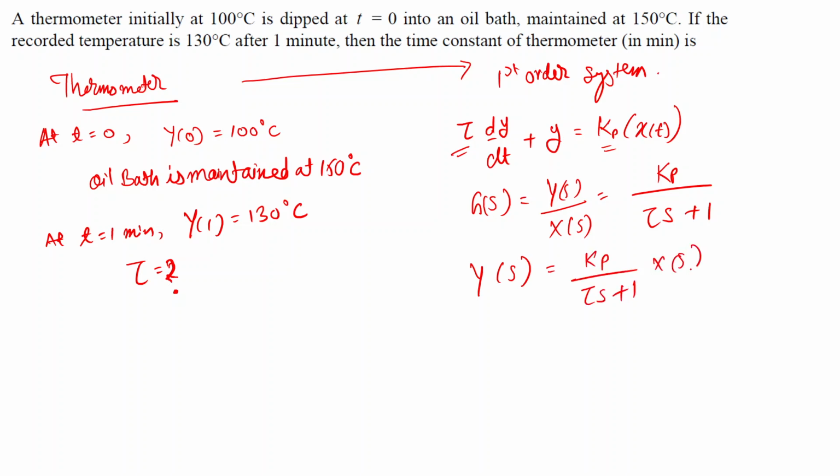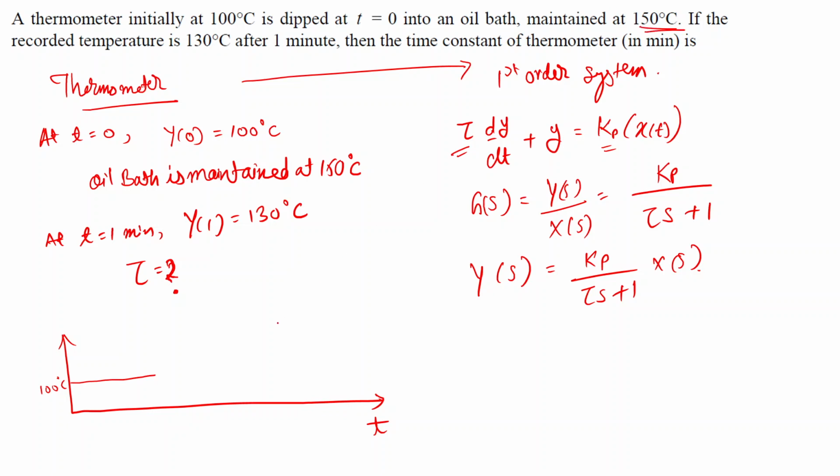And that is, we can write it as Y of s is equal to Kp upon tau s plus 1 into X of s. Now here we can see that initially the temperature was maintained at 100 degrees Celsius, and later on, if we draw a diagram with time, initially let's say the temperature is constant at 100 degrees Celsius, then later on it is dipped into an oil bath maintained at 150 degrees Celsius.